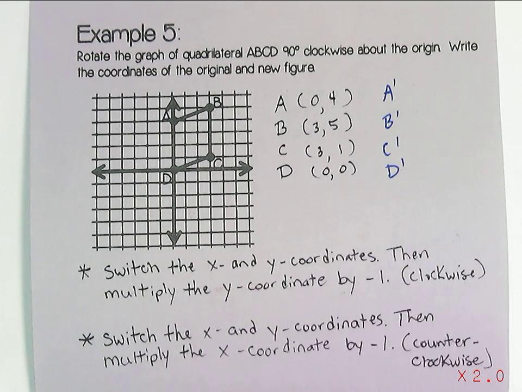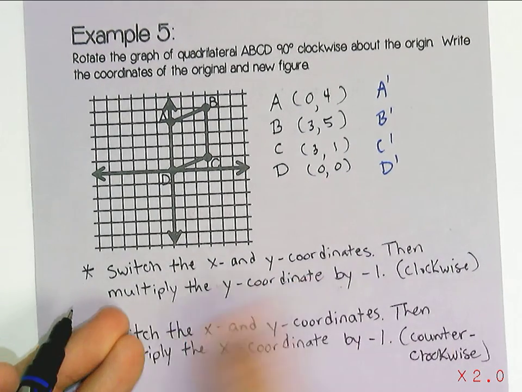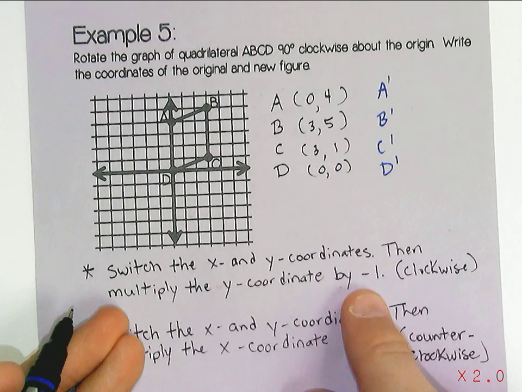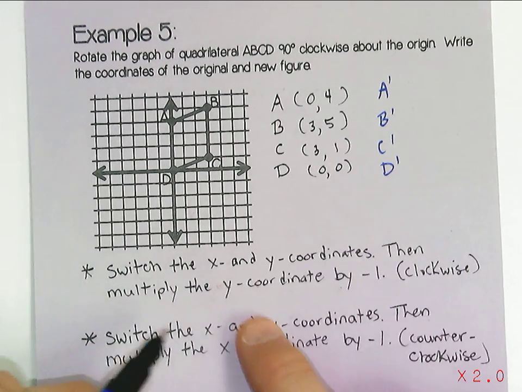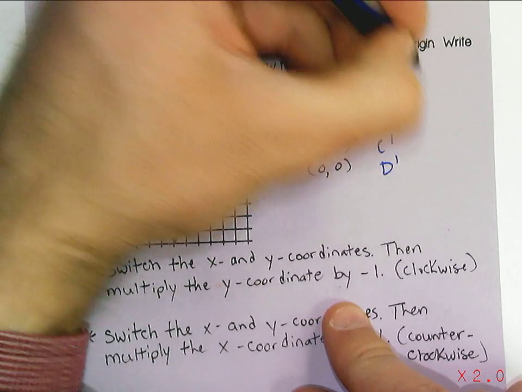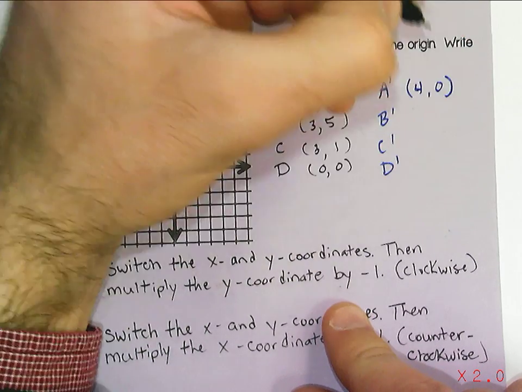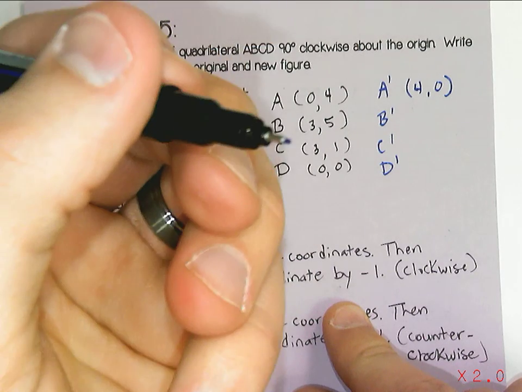And what it says here for clockwise is switch the x and y coordinates, then multiply the y coordinate by -1. So you're switching them and then changing the sign of the y coordinate. So I should have 4 and 0, the sign doesn't change, so 4, 0 will be that one.